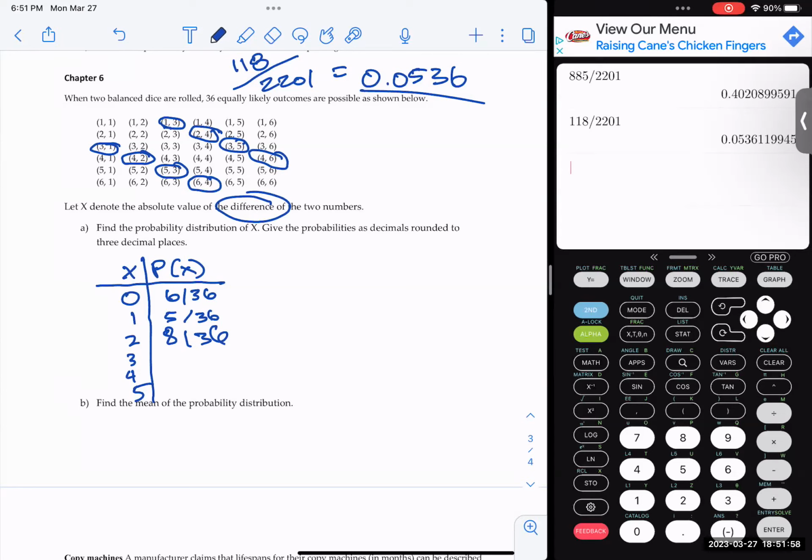Okay, and then we're going to do 3, 4, and 5. So you know what? Go ahead and try to do 3 right now, and then I'll just jot out the other ones if we feel okay about that.